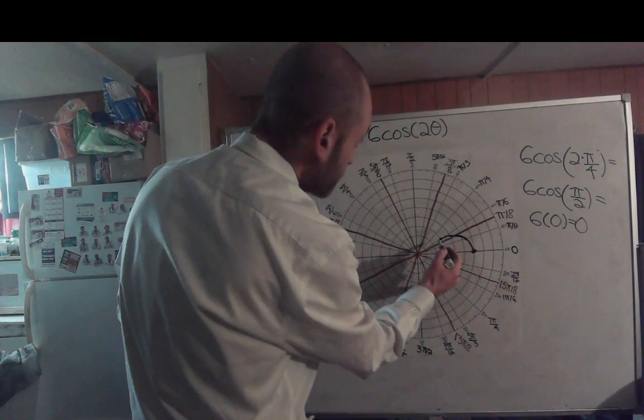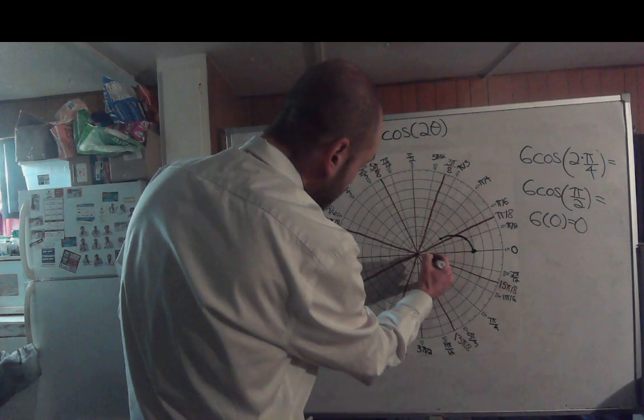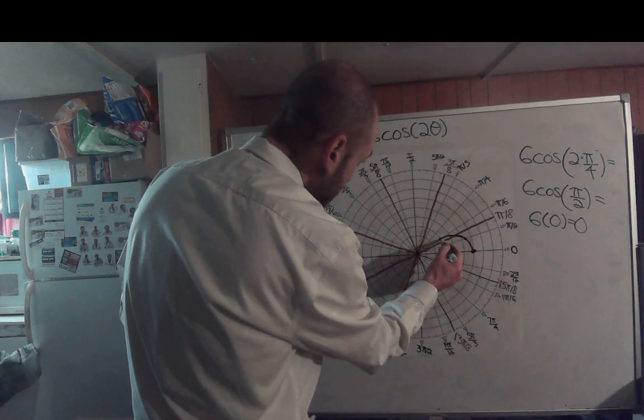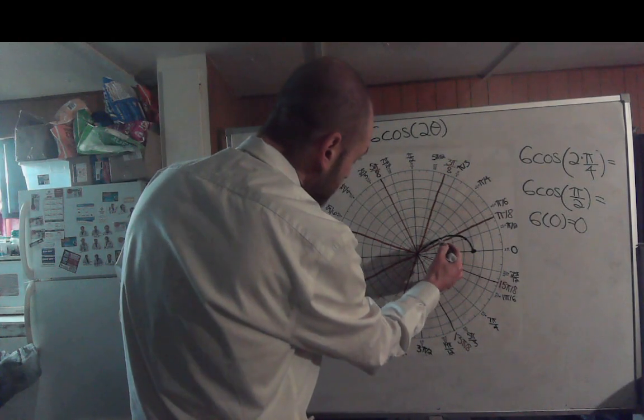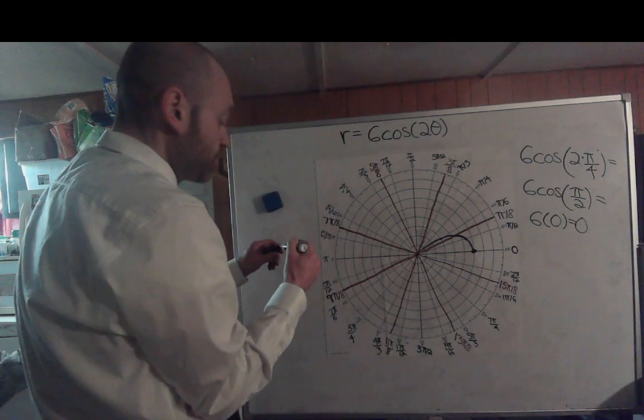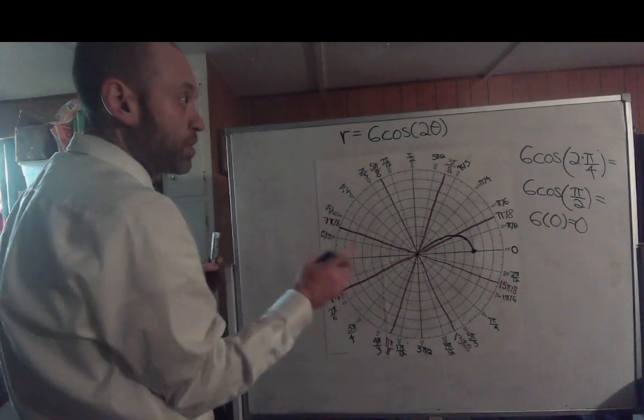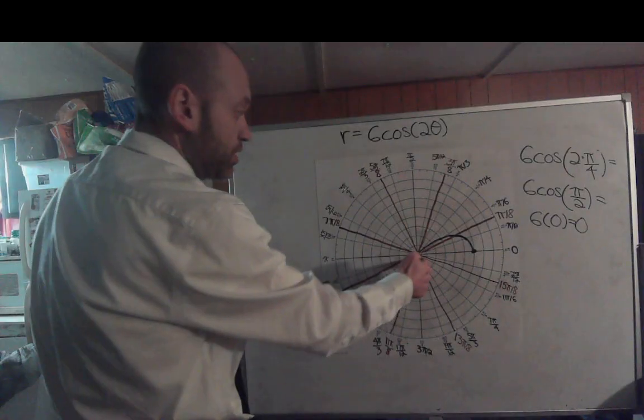So at pi over 4, you actually are all the way at the pole. So let's connect that now. We're at pi over 4, which would be 0.